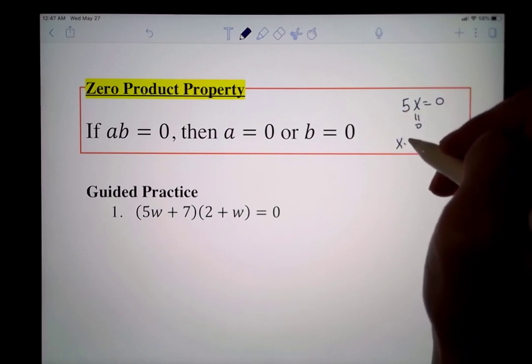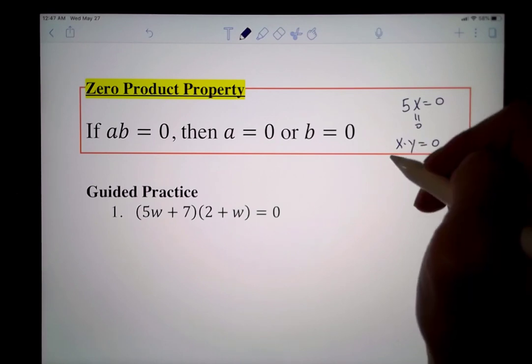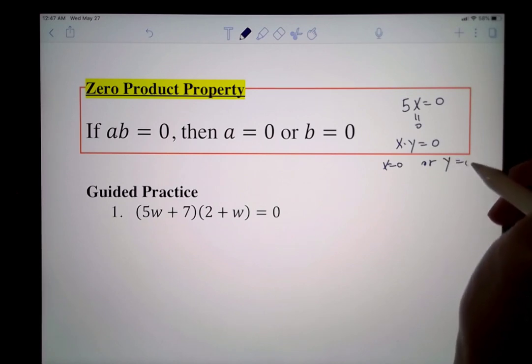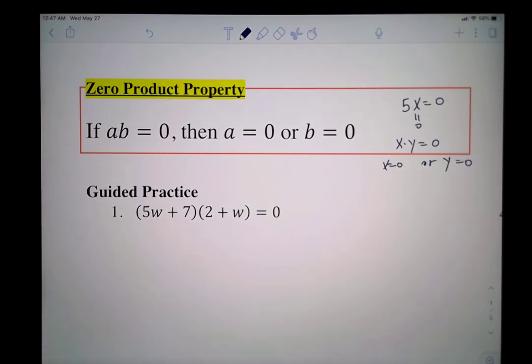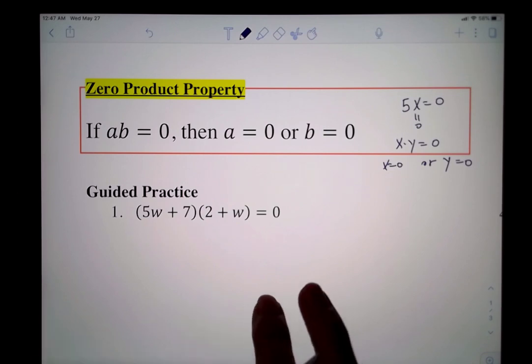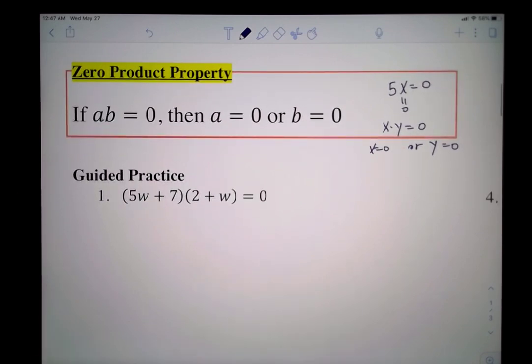Or x times y equals 0, then we can say x equals 0 or y equals 0. Okay? So today, we will start with factored form already, and then we will make it more complicated.